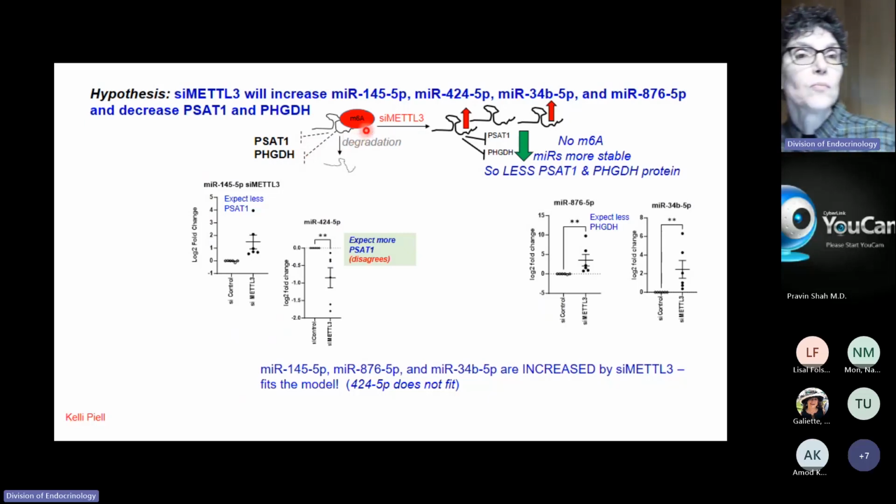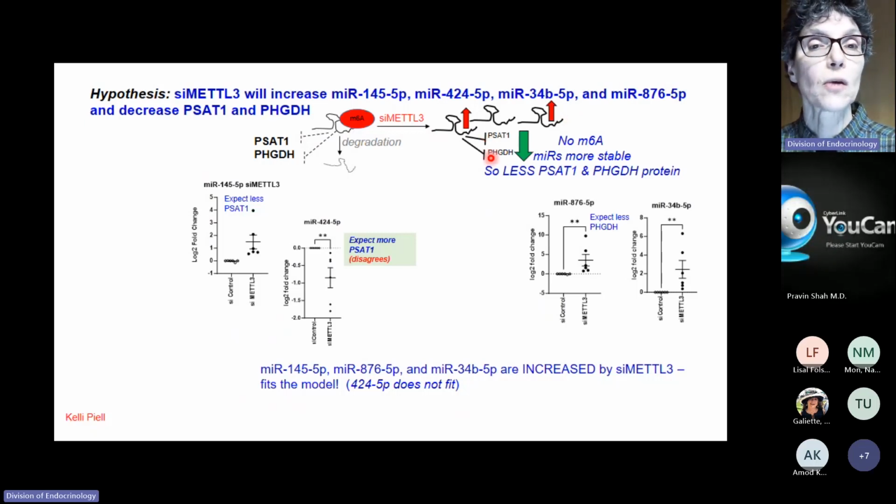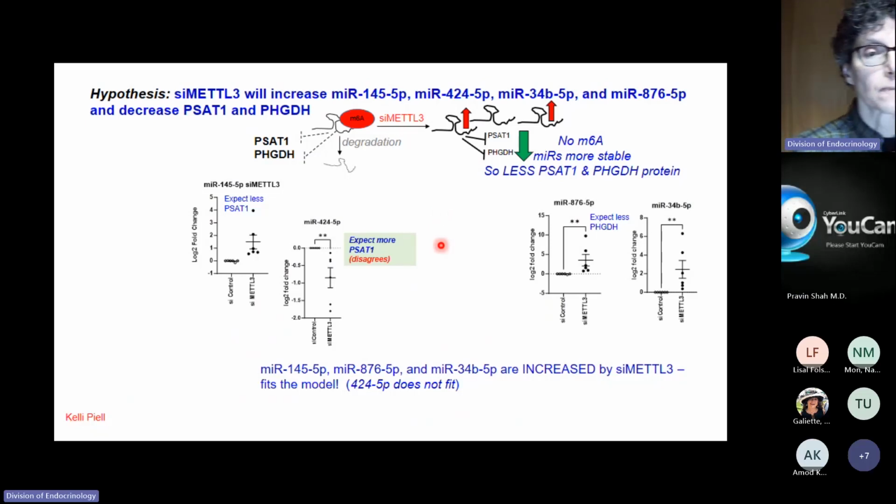But if we remove m6A by inhibiting or knocking down METTL3 expression, we would expect an increase in these microRNAs and therefore a decrease in PSAT1 and PHGDH. So no more m6A, miRs are more stable, less PSAT1 and PHGDH protein.